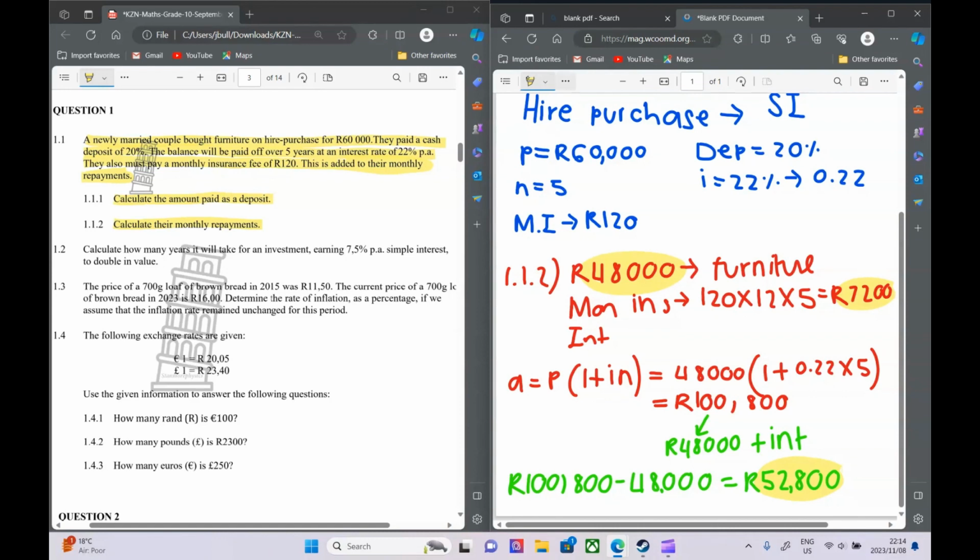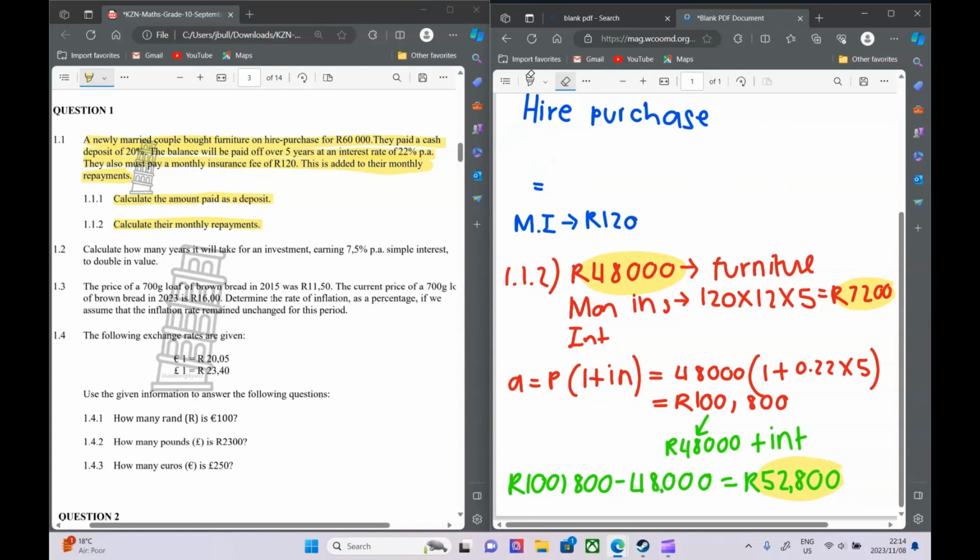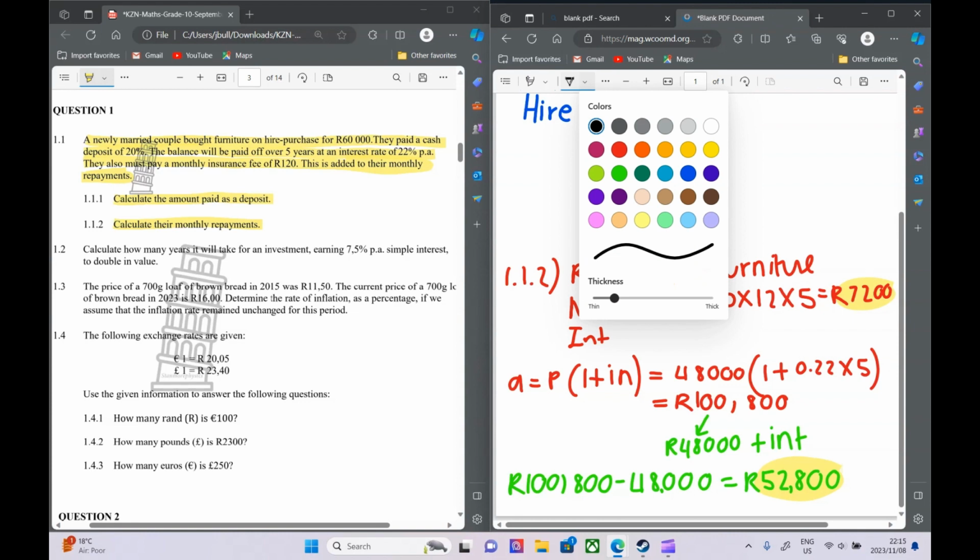Okay, we need to work out then what they are paying just for 1 month, because that's what they're asking for. What is each monthly repayment?